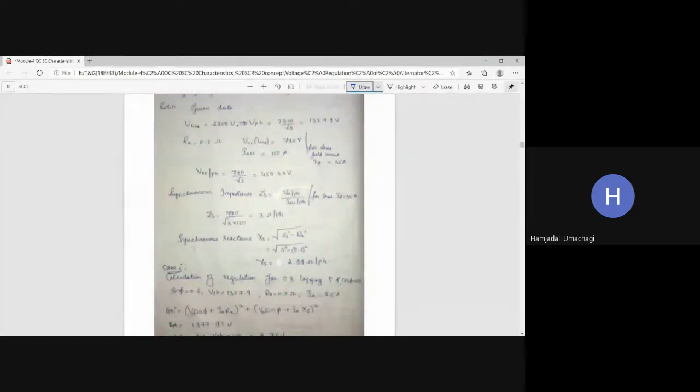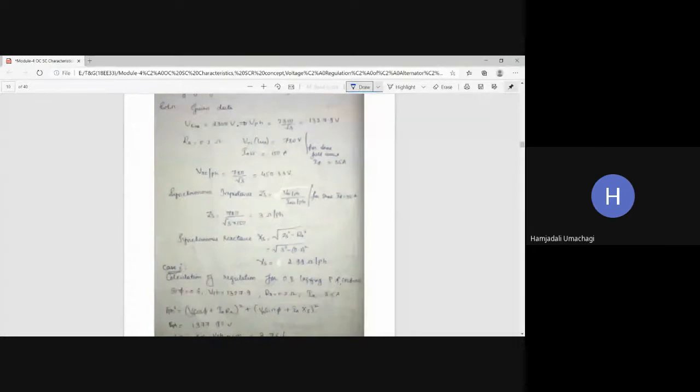Now, shall we proceed with case 1 to calculate the voltage regulation? Here we have calculated the synchronous reactance XS value.